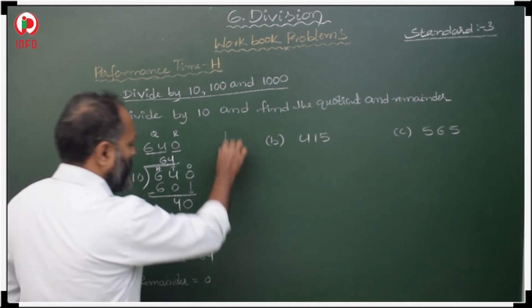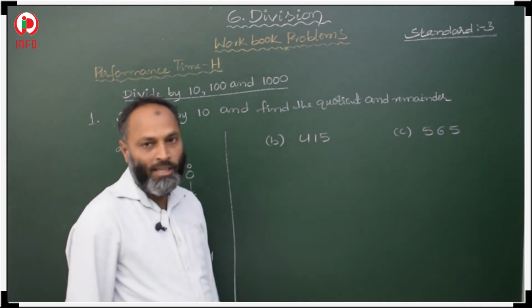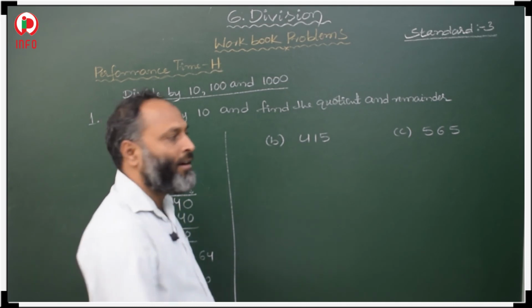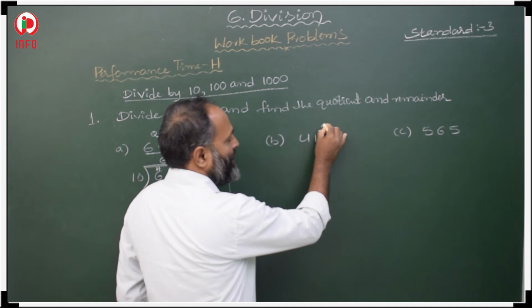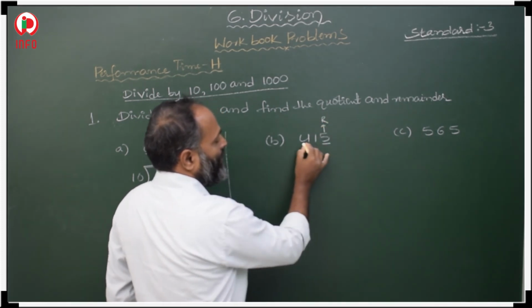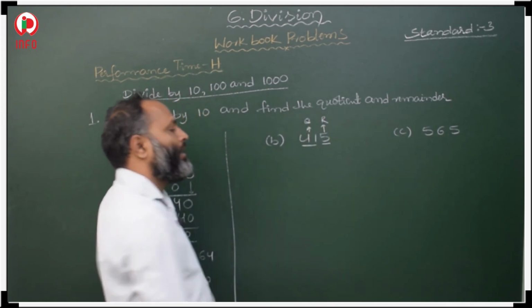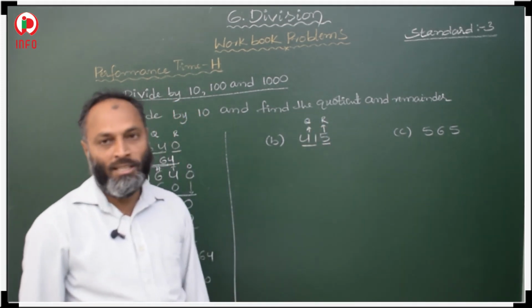Okay. Here in the next question, without doing it also we can say what the quotient and what the remainder is when we divide with 10. So the last place, the ones place, is our remainder and these two places are our quotient.